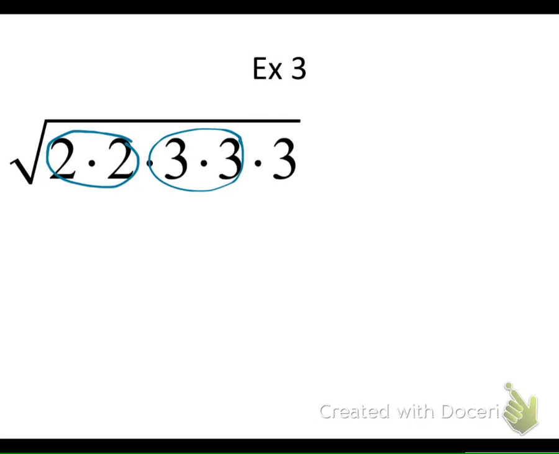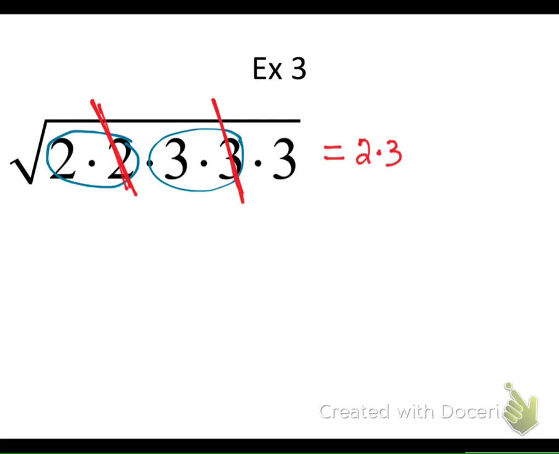So what we're going to do with this problem is show that this square cancels with the square root, and this square cancels with the square root, meaning that they're not going to be under the square root sign anymore. So I'm going to be left with just a single 2 times a single 3 on the outside. Because one of my pairs canceled with the square root, that moves to the outside. One of my 3's canceled with the square root, that moves to the outside.